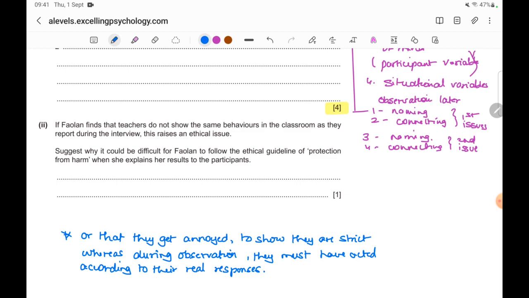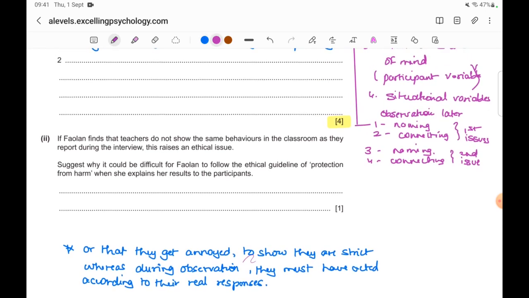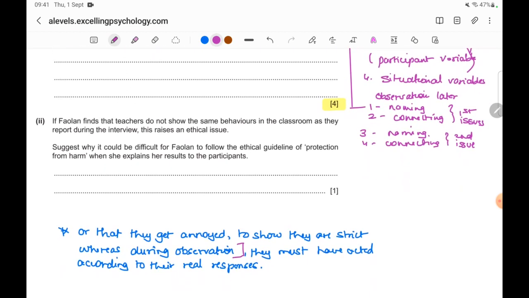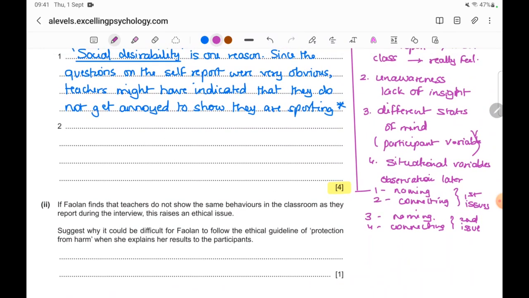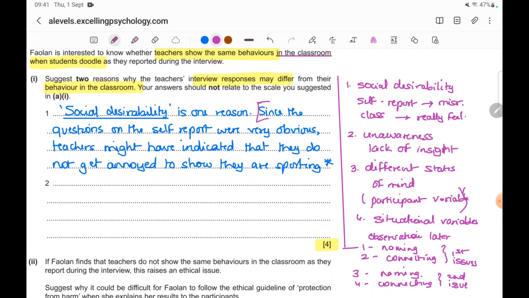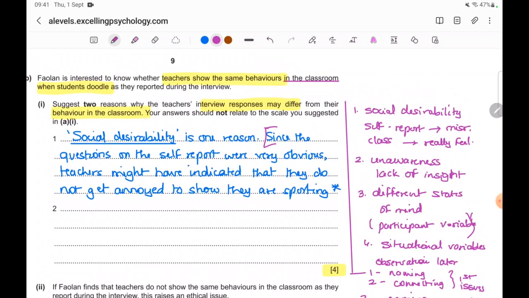Okay, one mistake students would make here, so I'll point it out immediately: to talk only about, say, the interview. Social desirability, and then not talking about how observation differs. If they're asking you to compare two methods, like self-report and observation, so interview and observation, talk about both in your response.